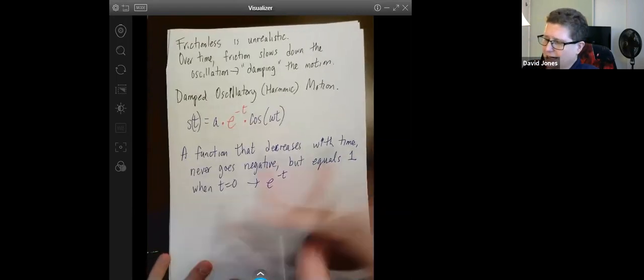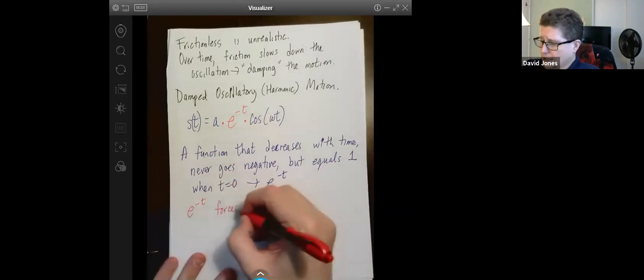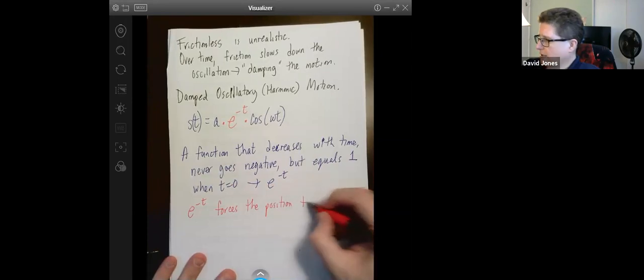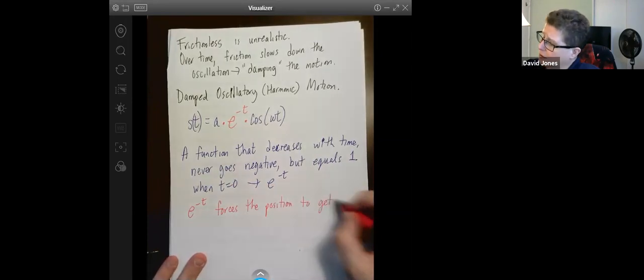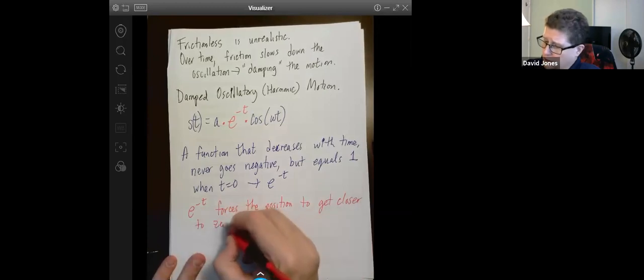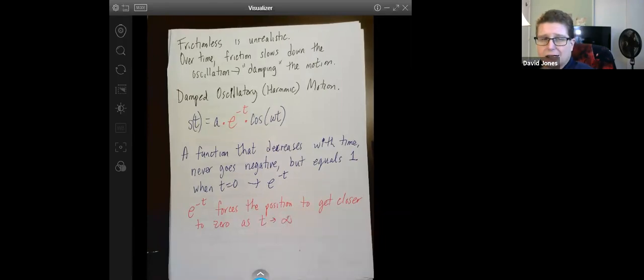The e to the negative t forces the position to get closer to 0 as t approaches infinity. Now, eventually in real life, the thing is going to stop moving, at least to the point our naked eye can tell. Everything oscillates at some frequency.